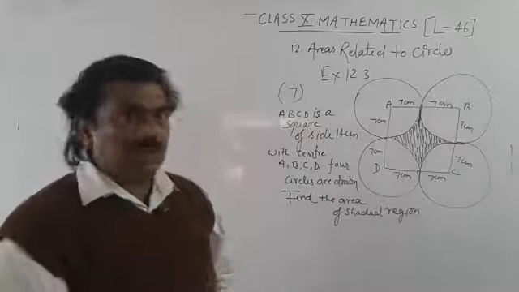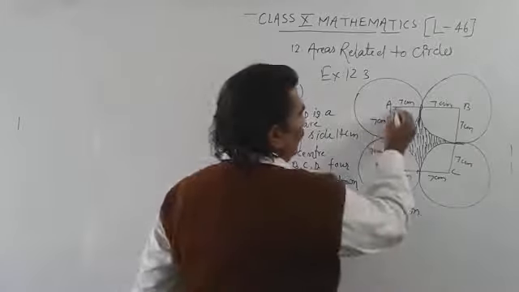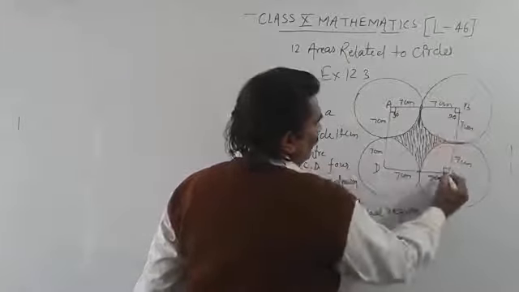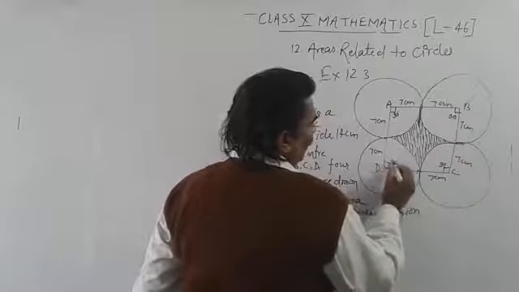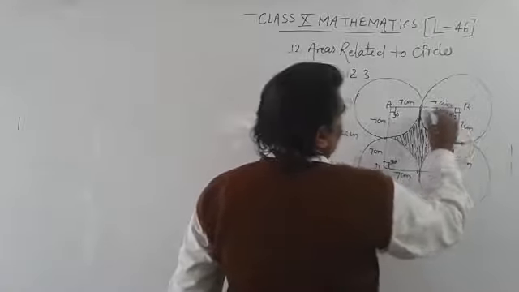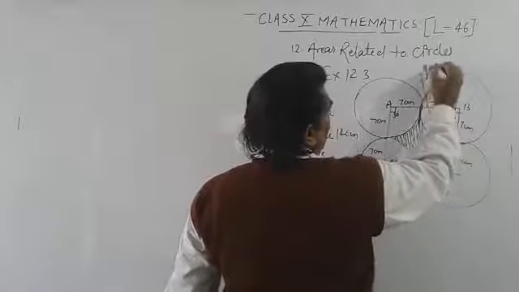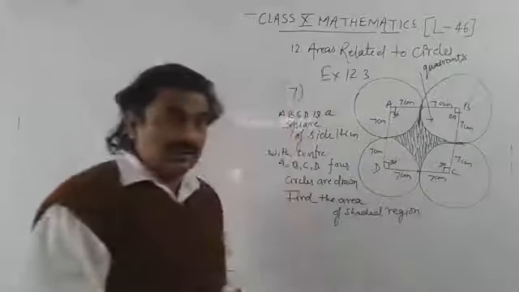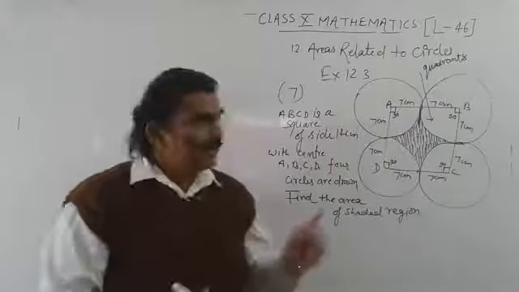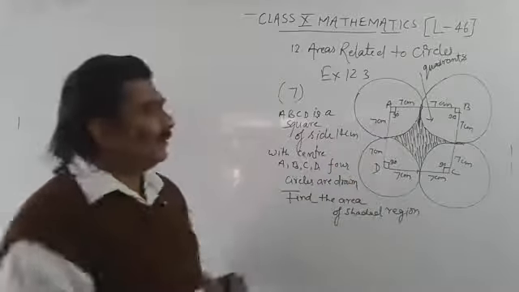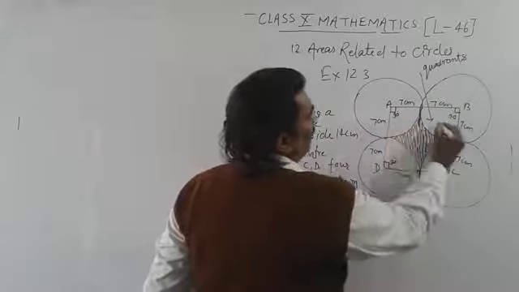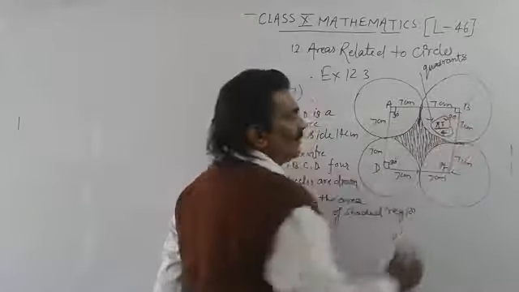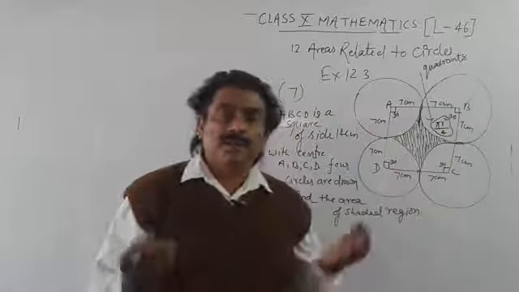Okay students, you know in a square each angle is of 90 degree, and these are nothing but quadrants. So there are two ways to find the area of a quadrant. We can use the formula pi r square upon 4. This formula comes from the area of a sector.